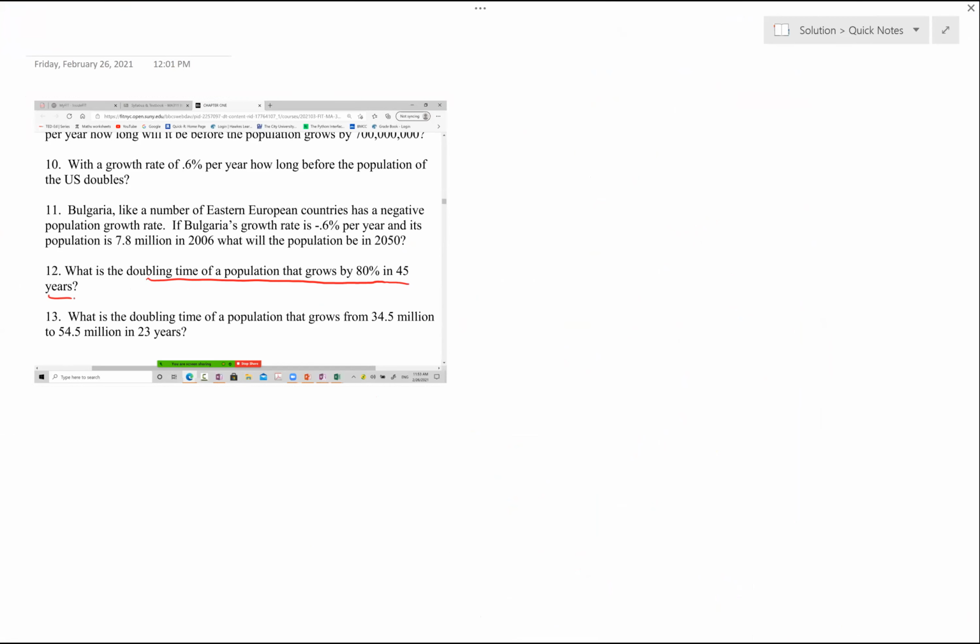So again, let me just make an assumption here. It grows by 80%, so we can assume the initial population equals 1 unit. Now nt, since it's growing by 80%, should be 1 unit plus 80% of 1 unit. In that case, you don't have to deal with the variable, but instead we have a very small number to deal with.